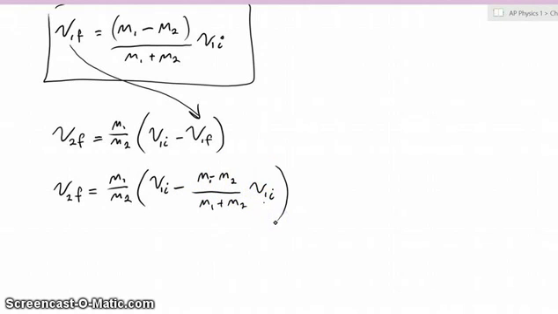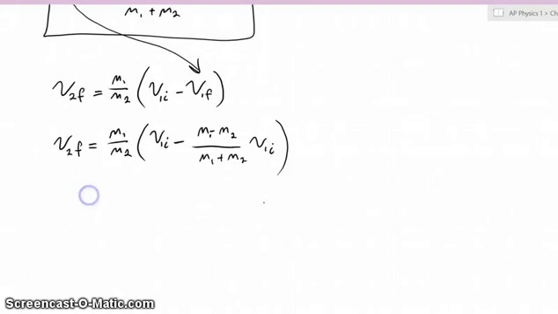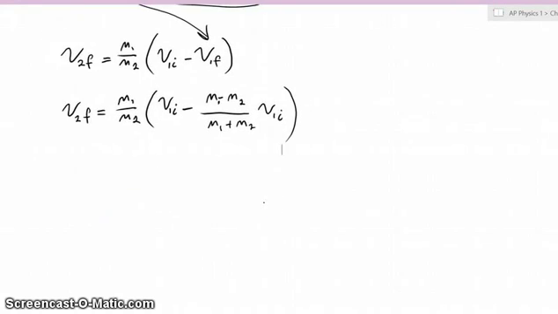So all I've done so far is replaced v1 final with the expression we just found. We're going to want to put those two terms together as a single fraction. So I'm going to multiply the first term by m1 plus m2 over m1 plus m2. That way I can combine the two fractions with each other.